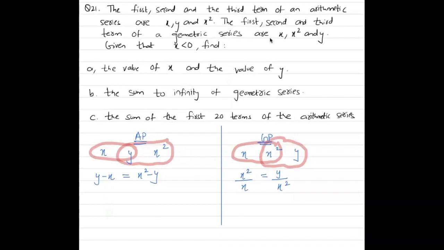Now if you simplify this, what do you get? If you cross multiply this, y is going to be equal to x cubed. Is that correct?